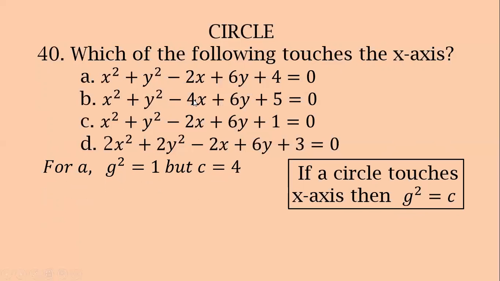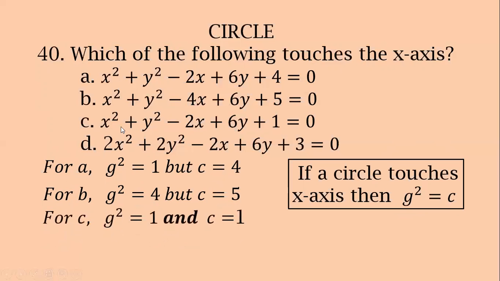So g square is equal to 4 and c is equal to 5. In circle C, g square is equal to 1, g is equal to -1 and c is equal to 1 also. So this circle C fulfills the condition. So this is the correct answer.